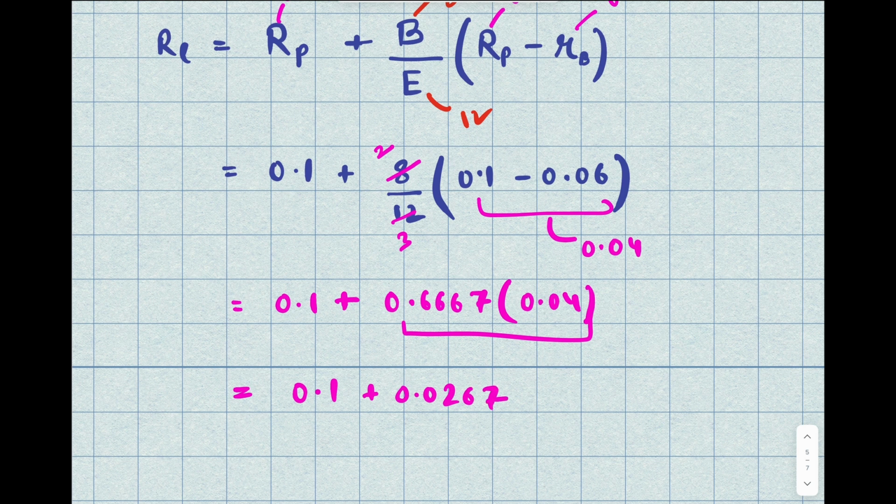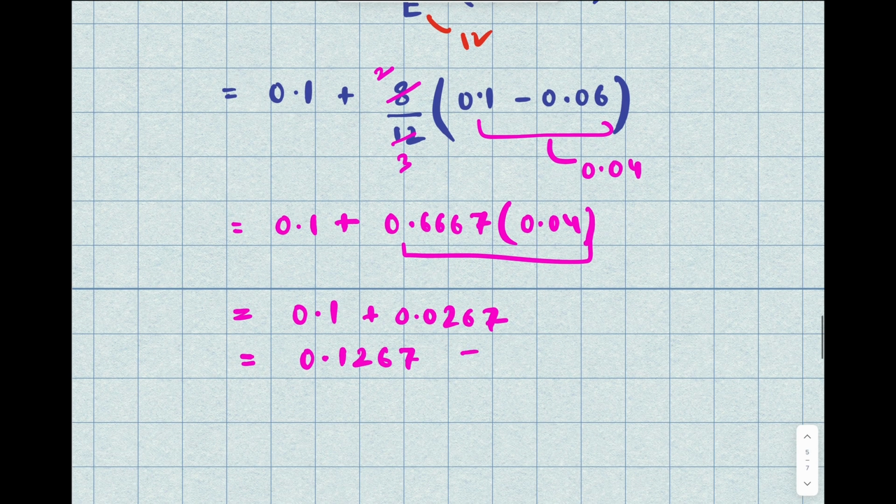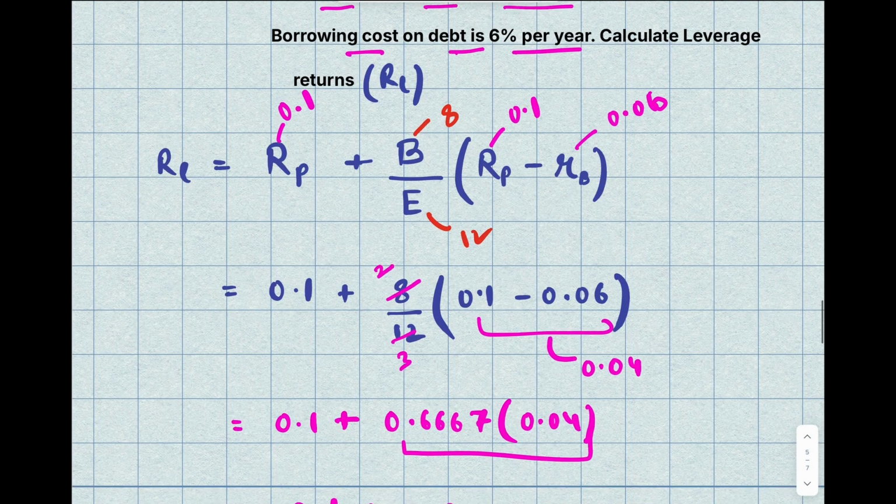If I add 0.1 to it, this is 0.1267. So leverage return is how much? 12.67%. This is the leverage return.